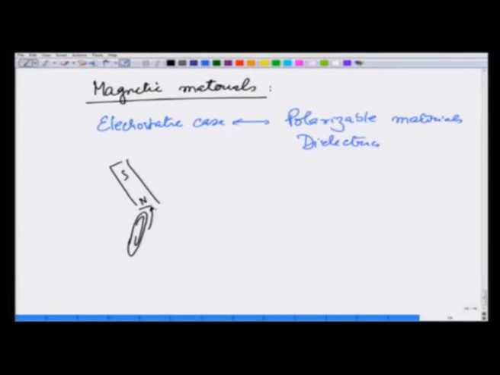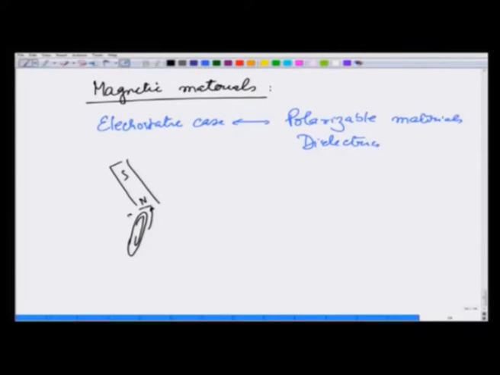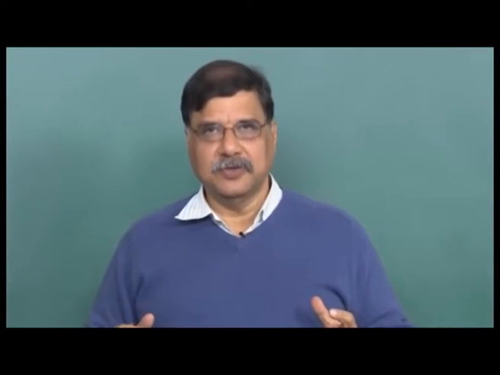Why it gets attracted is because this magnetic field develops a magnetic moment, or a magnet, in the pin itself, and the pin gets attracted towards the original magnet. This obviously develops in such a manner that S and N ends are like this. All right. So, we want to understand this, or be able to calculate or relate the magnetic moment of these media, magnetic material, to applied fields and so on.